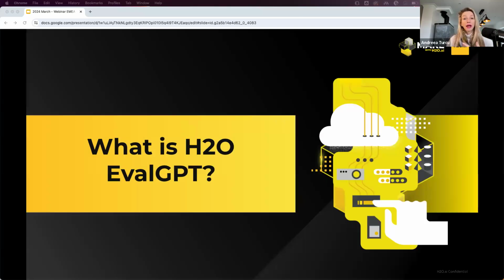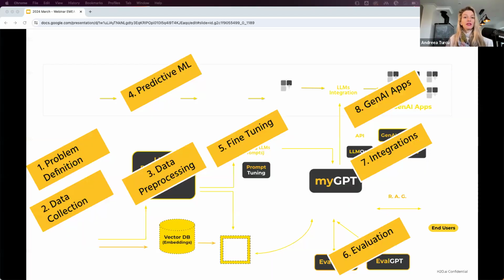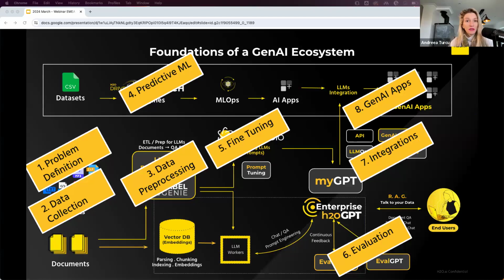And so now let's talk about H2O EvalGPT. So I promised you what is this and how can we work with it, how can we leverage it, etc. And so I'm going to start just by showing you this sort of data science lifecycle. Of course, the steps can be even more complex depending on the use case that you have or the things that you are aiming towards.